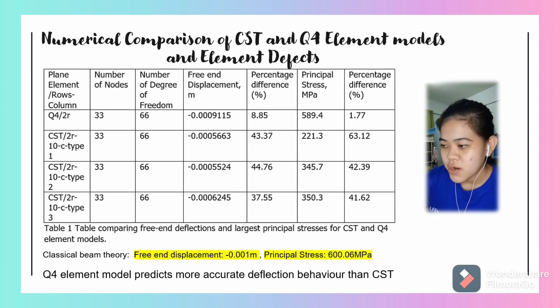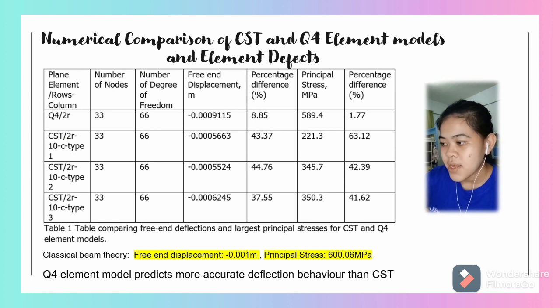For the free end displacement, the percentage difference is the smallest at the Q4 meshing, which is about 8.85% as compared to the classical beam theory, which obtained negative 0.001 meter. So it is closer to the classical beam theory.